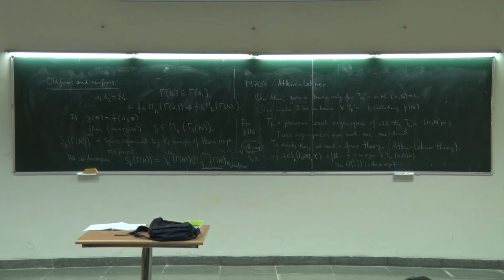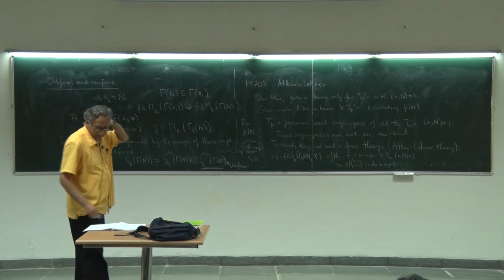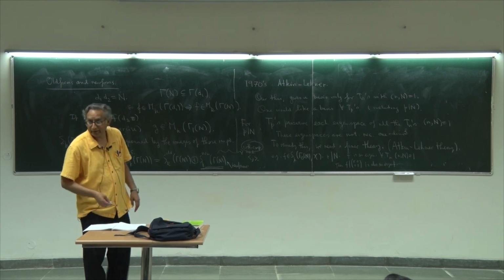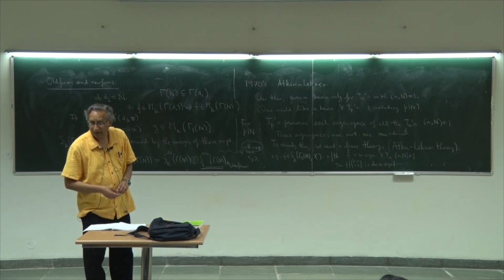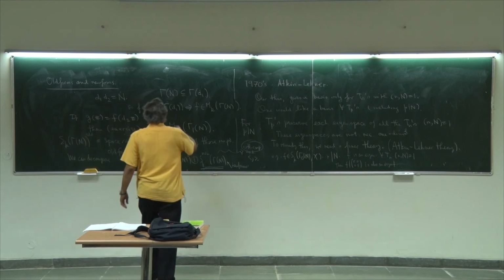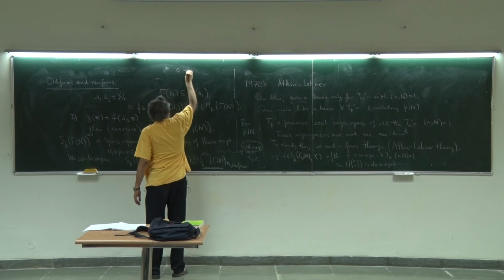One more point I should mention is, maybe you can talk a little bit about the Atkin-Lehner involution. The Atkin-Lehner involution is a special matrix which is essentially (0, -1; n, 0).